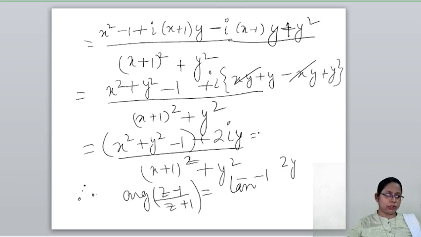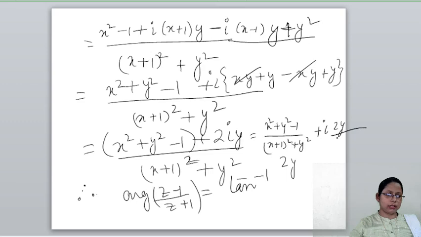Actually this is of the form: (x square plus y square minus 1) by ((x plus 1) whole square plus y square) plus i times 2y by ((x plus 1) whole square plus y square).